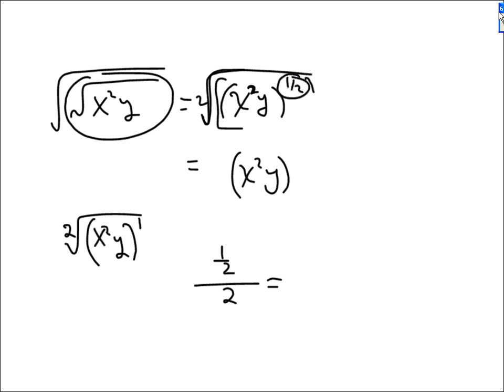You have half a dollar, divide it between two people, they each have a quarter. And after all, multiply top and bottom by 2. The top is 1. 1/2 times 2 is 1. 2 times 2 is 4. So it's 1/4. x squared y all to the 1/4 power.